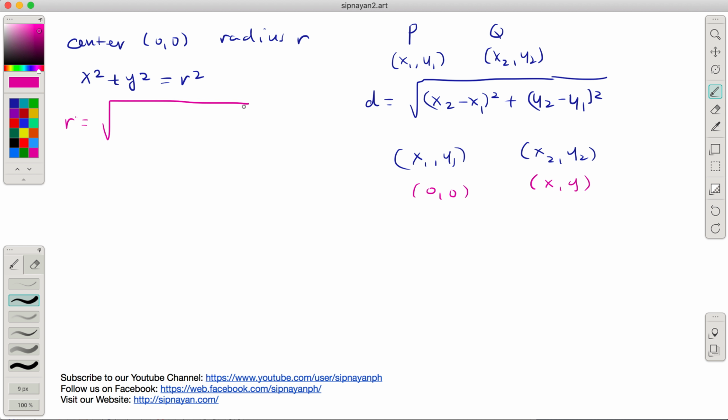Then I substitute: r equals the square root of (x sub 2 minus x sub 1) squared plus (y sub 2 minus y sub 1) squared. Where's my x sub 2? This x. And x sub 1 is 0. Plus y sub 2, this y, minus y sub 1, which is 0, squared.